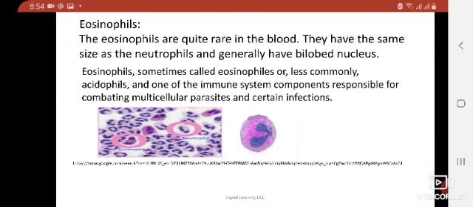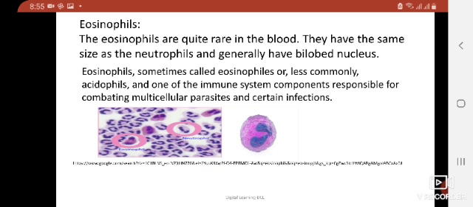As you can see in this picture, the eosinophil has a diameter of 10 to 14 micrometers. The nucleus is purple in color. These cells are usually bilobed. The two lobes are connected with a chromatin thread, thus producing a spectacle appearance.